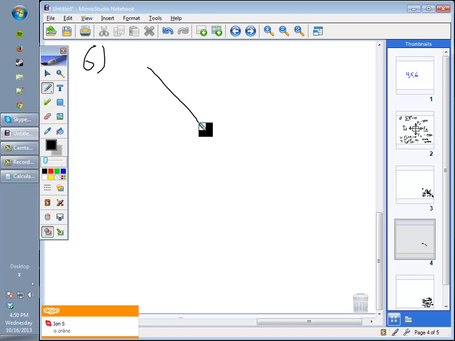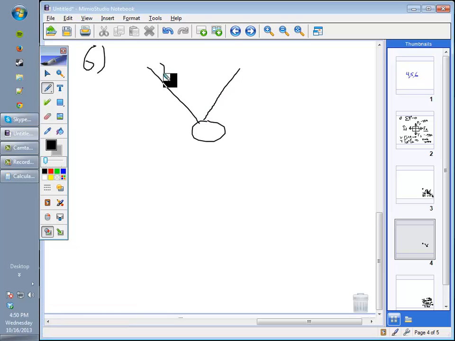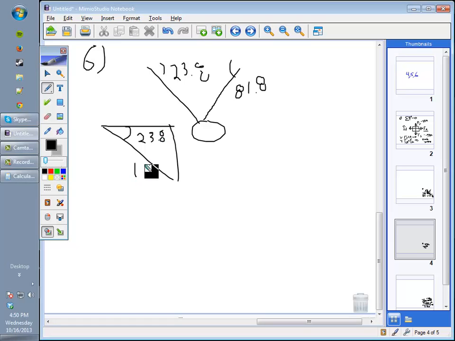So we've got a rock that's 23.8 degrees, and that there is going to be 81.8. Alright, so what you've got to do here is we've got two vectors that are acting in more than one direction. So we have to split them up. So I'll call this T1, that's this one here, and this is T2.